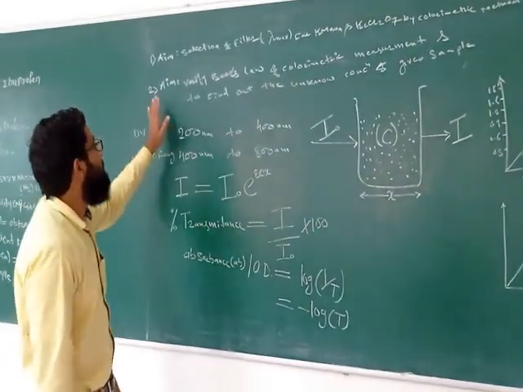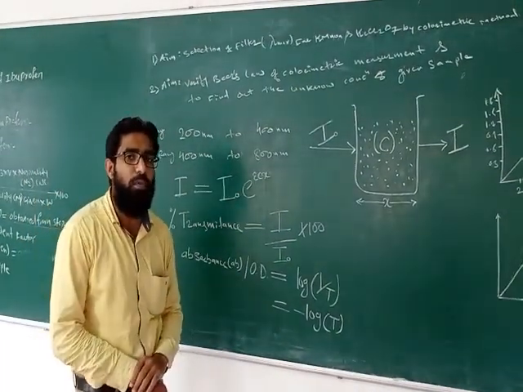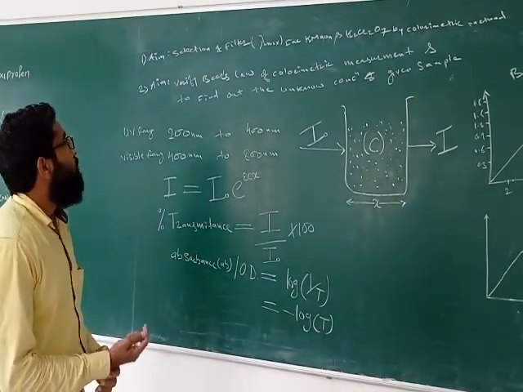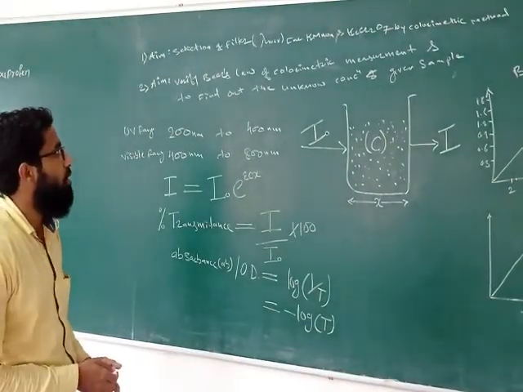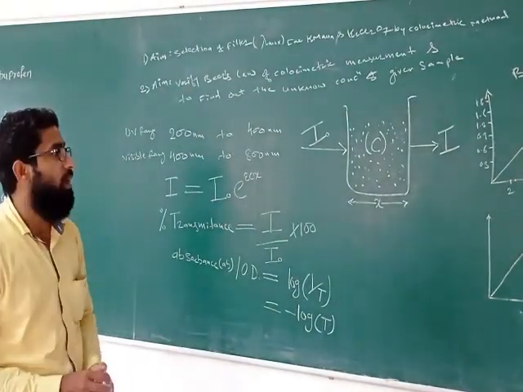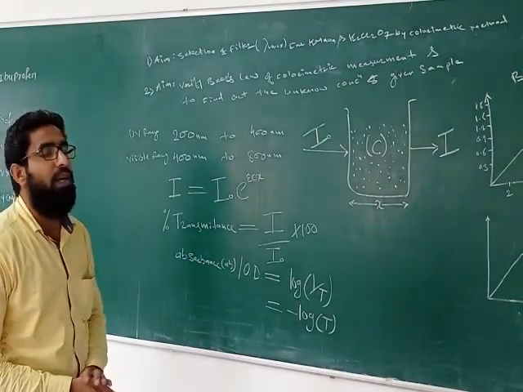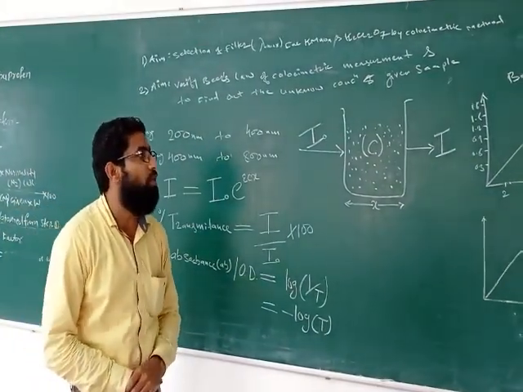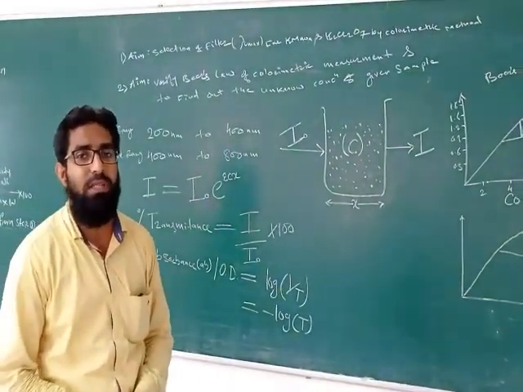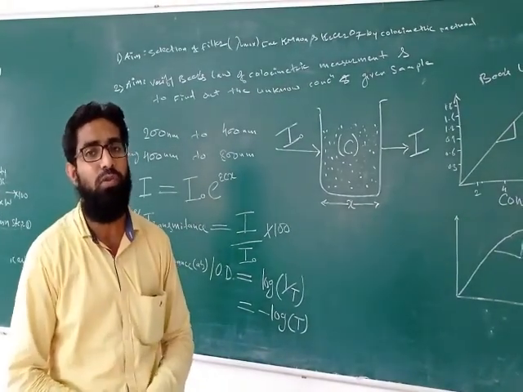The second experiment we are going to perform is to verify Beer's law for the colorimetric method and to find out the unknown concentration of the given sample, that is KMnO4 and K2Cr2O7.